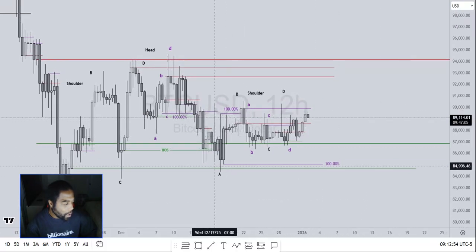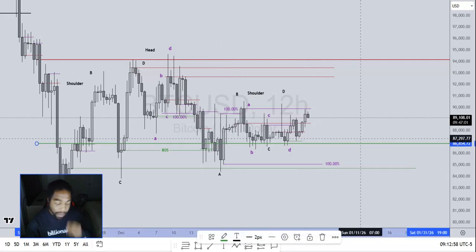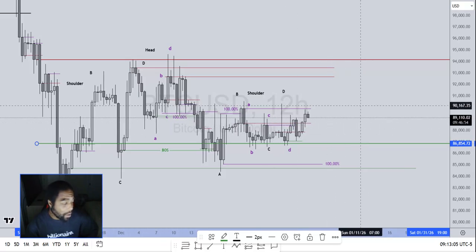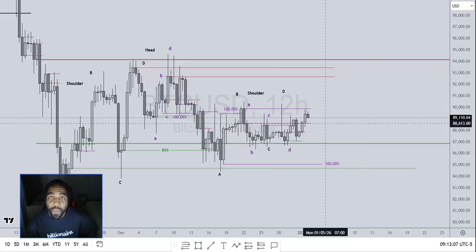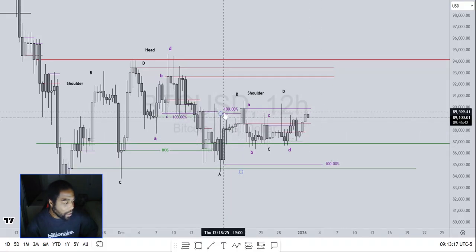On a 12-hour, what did we encounter here at this level? At the level of the close of that weekly candle that price is trading inside of. We're reading the price action, understanding the narrative of the higher time frame, that price is respecting this level and that we can anticipate bullish price action from here, right? So as we can see, the 12-hour bearish structure was disrespected here with this push up, right?